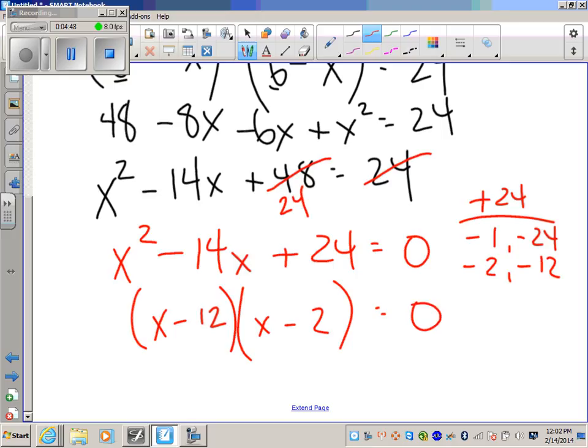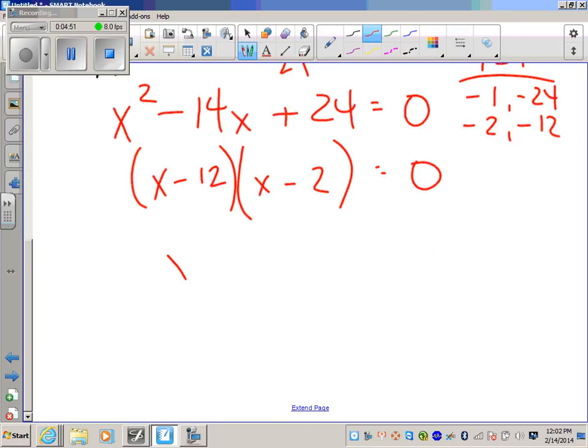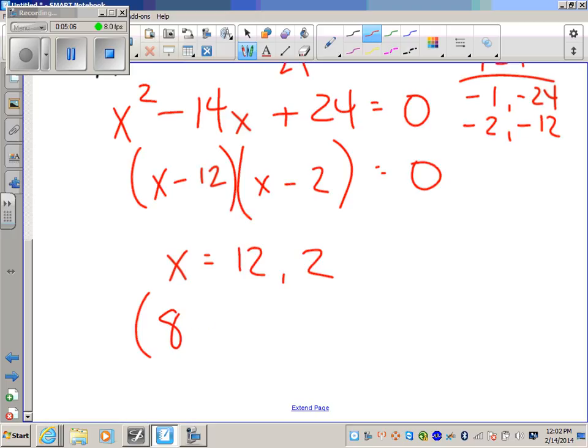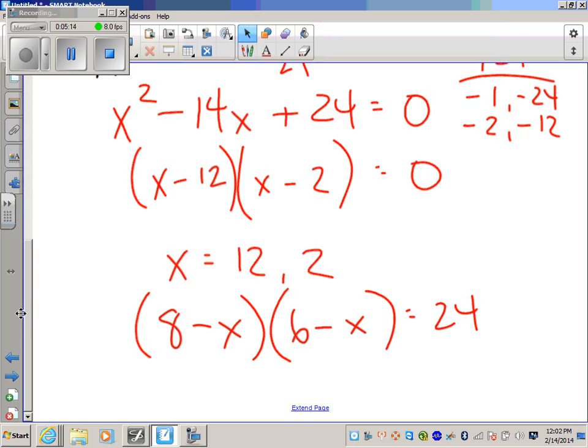Okay. So x is going to equal either 12 or 2. I need to think of my original setup, 8 minus x. Which one is more logical? What happens if I plug in the 12?